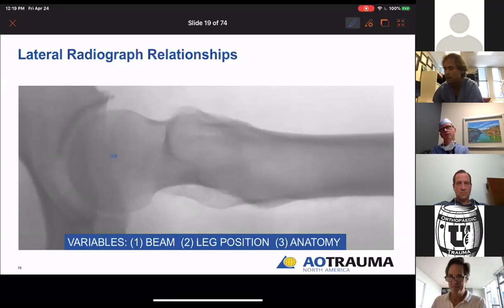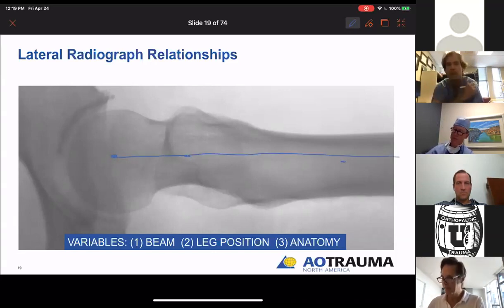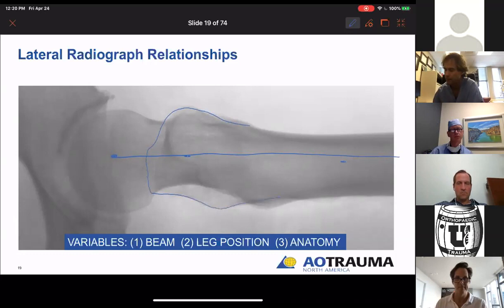So there is going to be a collinearity between the head, the neck, and the shaft on a standardized lateral. All right, now once we get that collinearity, there's some things that we can look at, okay? We can look at the shape of the greater trochanter, and I will tell you, it is variable, but if you follow it, it is typically a little bit higher in the back, overlapping the neck, coming down to a curve posteriorly, and meeting the shaft, okay?